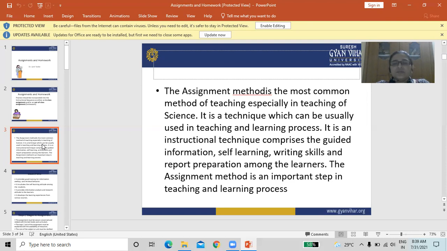The assignment method is an important step in the teaching learning process.